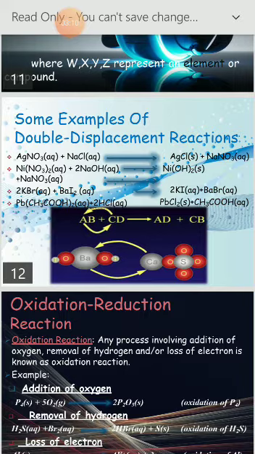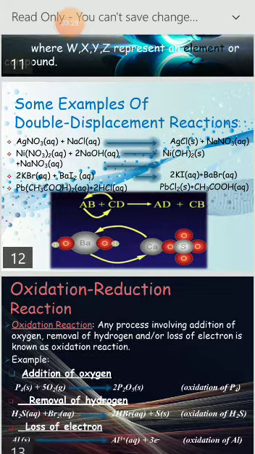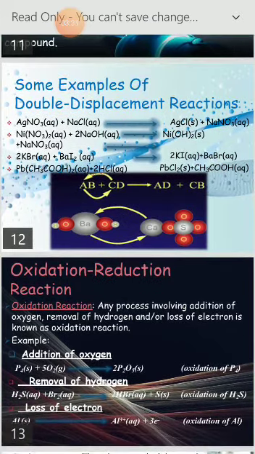What is oxidation? By definition, any process involving addition of oxygen or removal of hydrogen is termed as oxidation reaction.